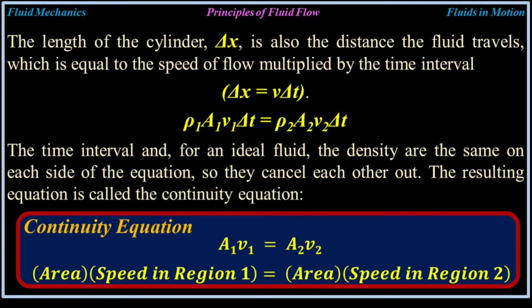The resulting equation is called the continuity equation. A1 V1 equals A2 V2. Area times speed in region 1 equals area times speed in region 2.